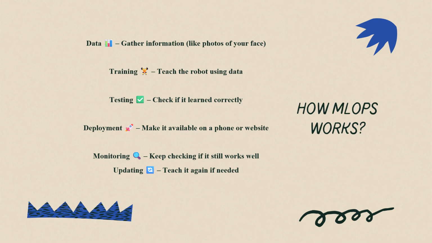And once the testing phase is over, and if it has learned correctly, then the next stage is deployment. So deployment is you should make it available on a site or on an app. You should make it available and it should be used by the user. So that is called deployment.